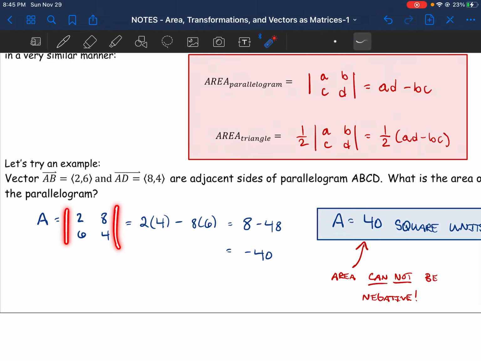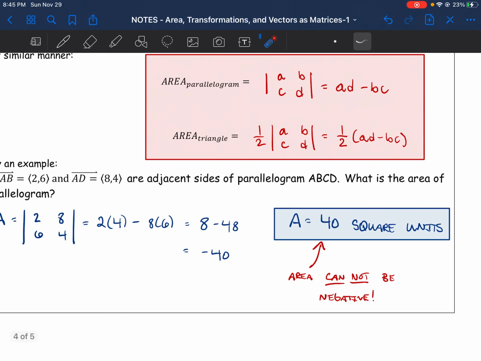And let's take the determinant of this matrix, since the area of the parallelogram is going to be the determinant. So 2 times 4 minus 8 times 6 is going to give us 8 minus 48, which is -40. So that means that the area is 40 square units. Notice that even though the determinant was negative, our area is positive because area cannot be negative.